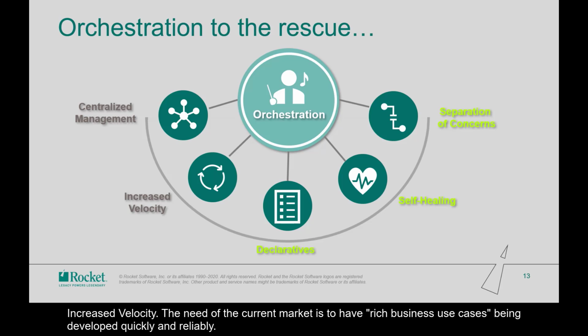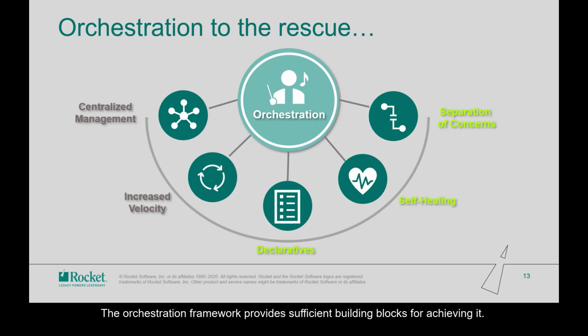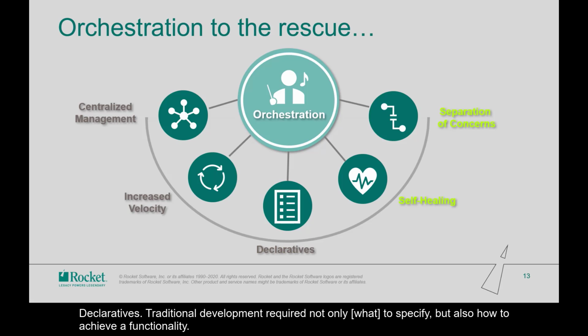Increased velocity. The need of the current market is to have rich business use cases developed quickly and reliably. The orchestration framework provides sufficient building blocks for achieving it. Declarative. Traditional development required one to specify not only what but also how to achieve a functionality.